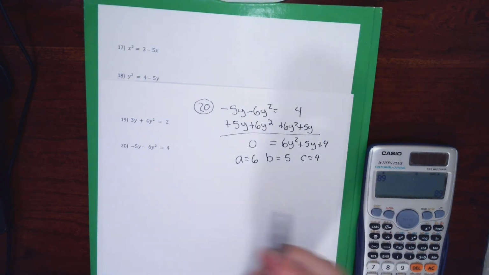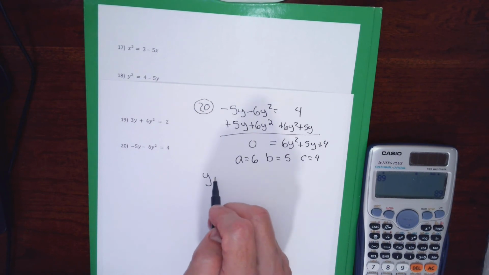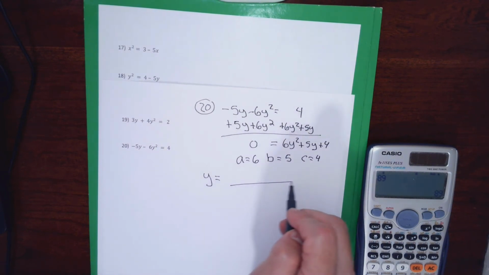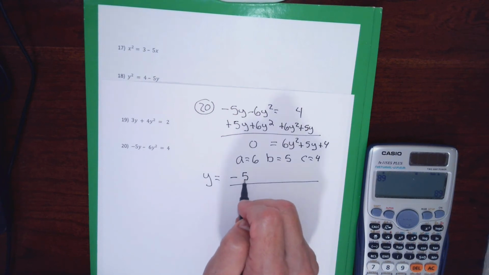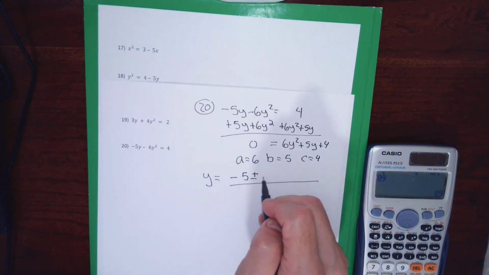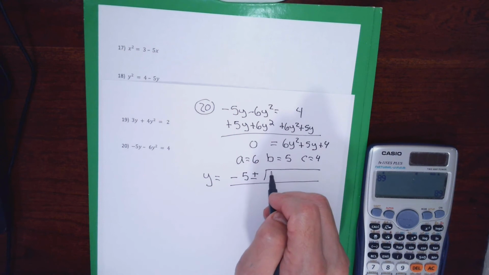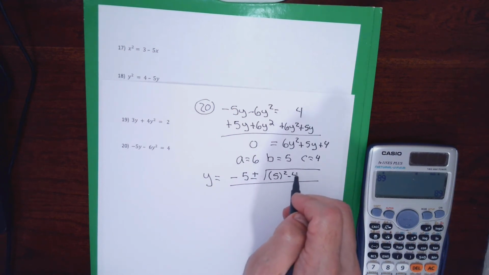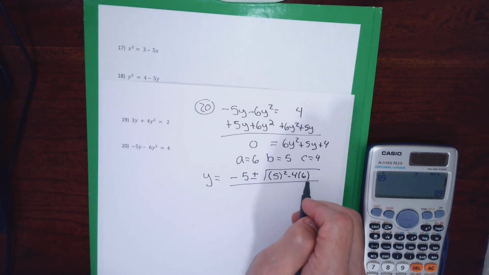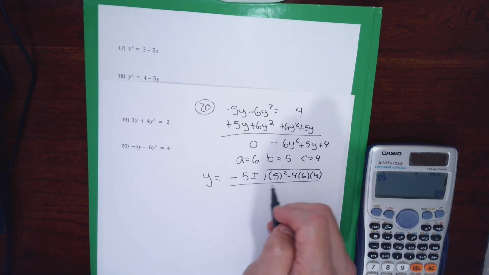I'm not writing the quadratic formula down, but you should have it at your fingertips. I'll give it to you on the test. So I get negative B, which is negative 5, plus or minus b squared, which is 5 squared, minus 4 times 6 times 4 all over 2 times 6.